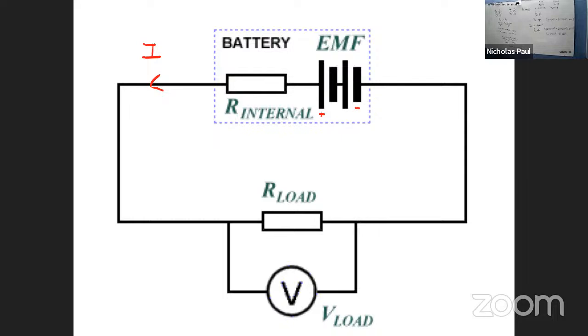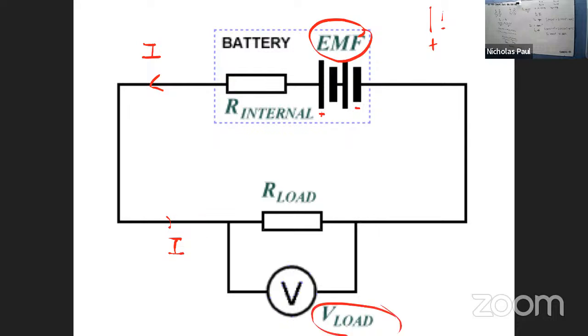Positive, negative. Remember the long line is positive and the short one is negative. They are not the same height, and one is thicker than the other. So what do we know about EMF and terminal PD? They are not the same.